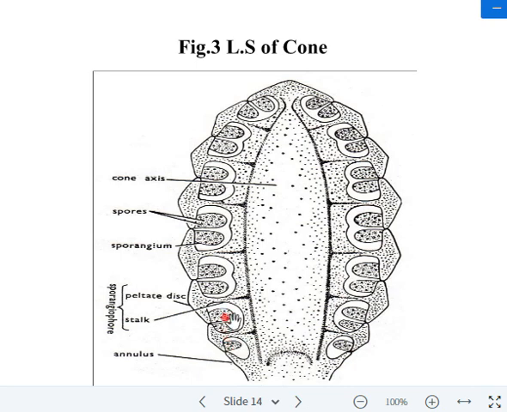If you are talking about the sporangiophore, which is the sporangium-bearing structure reported in the LS of the cone, you can see that the peltate disc is a hexagonal structure in which 6 sporangia are developed on the underside of each peltate disc.